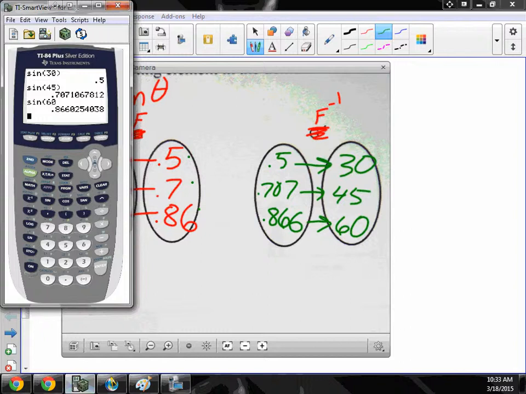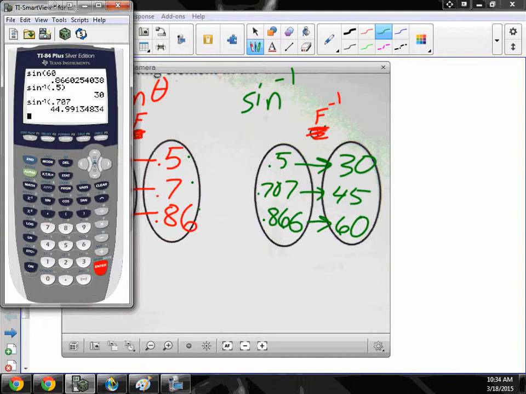You use what is called the inverse sine button, which is written as sine to the -1. So instead of pushing sine, you push second sine. So everybody do second sine of 0.5, and it should give you 30 degrees. For the next one, second sine of 0.707. Now that's really, really close to 45 degrees, so it's close enough.